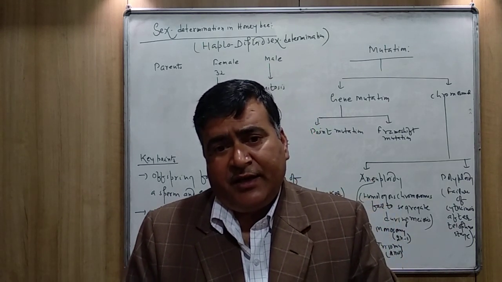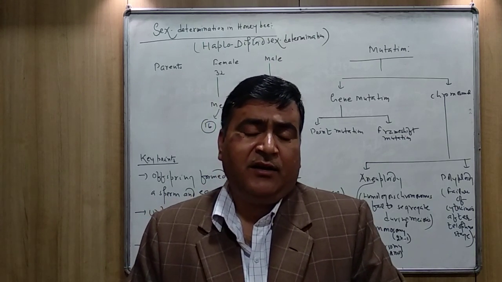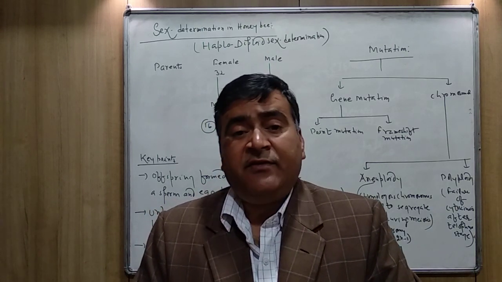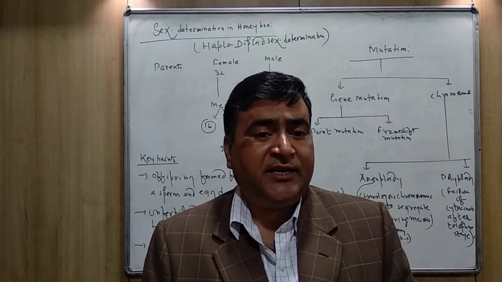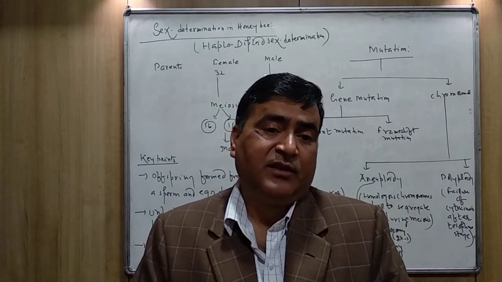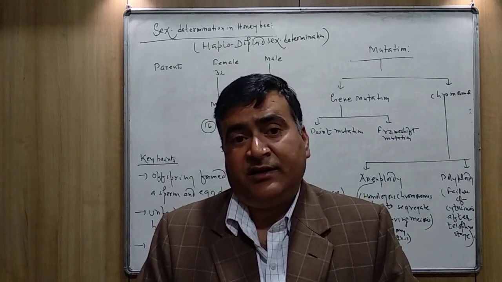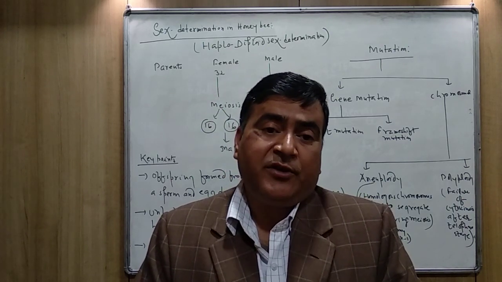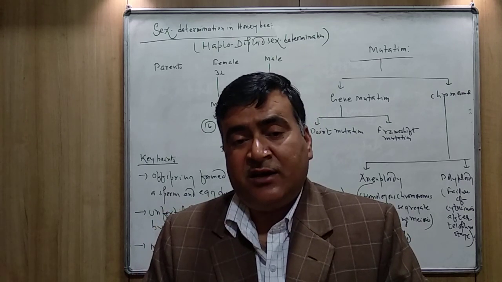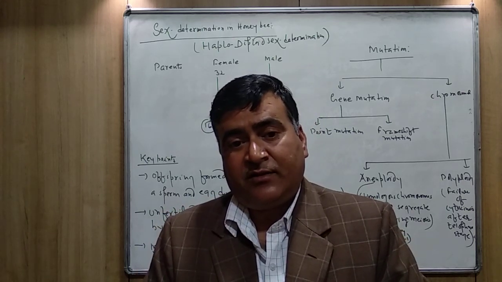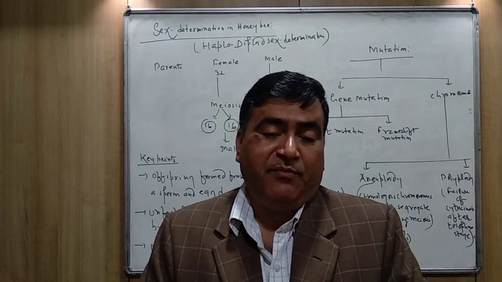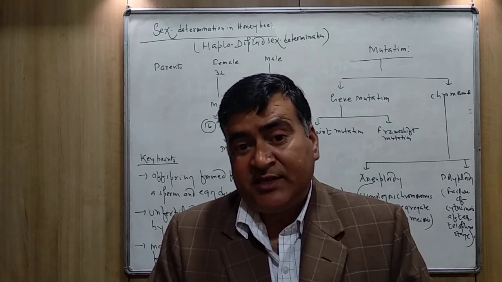And if the egg is unfertilized, suppose the egg is not going to fuse with the sperm, the unfertilized egg is produced into the male drones. That's why the male has how many chromosomes? 16.